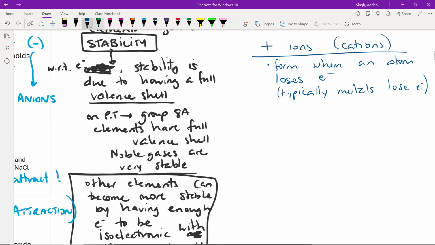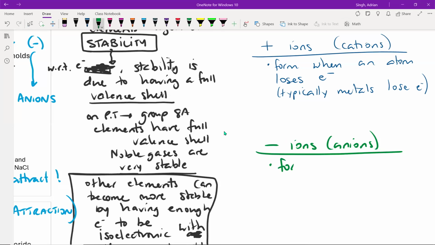Your negative ions, which are your anions, form in the opposite way. These form when an atom gains one or more electrons. So what types of atoms are going to gain electrons? These are typically going to be your nonmetals. Typically, nonmetals gain electrons.